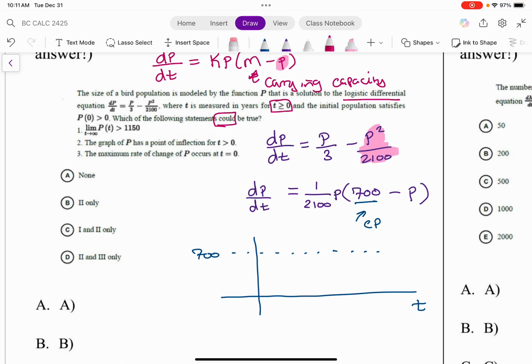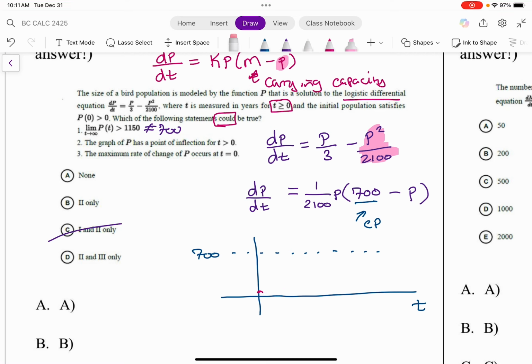So it's like some s curve. I'm going to erase it because we don't know the details yet. It's going to be this s curve. So notice what that actually rules out is the number 1, right? Because the limit as t goes to infinity should be the carrying capacity. This is not equal to 700. So that's out. So I got to get rid of that answer choice.